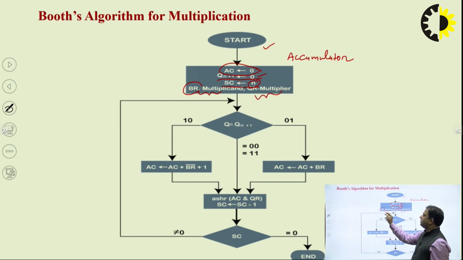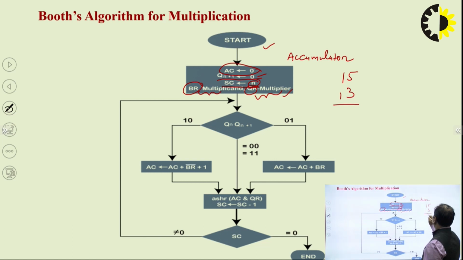BR is a register that will contain the value of the multiplicand and QR is a register that will hold the value of the multiplier, right? So whenever we multiply two numbers, we have a multiplicand and a multiplier. Suppose we are multiplying 15 and 13, then this is my multiplier and this is my multiplicand, right?